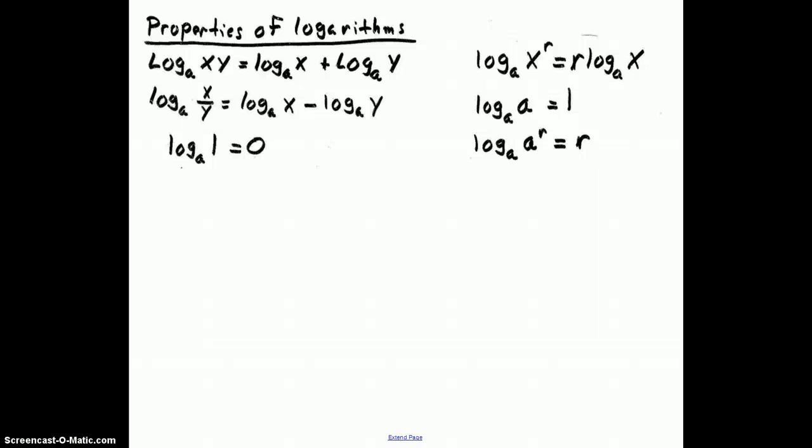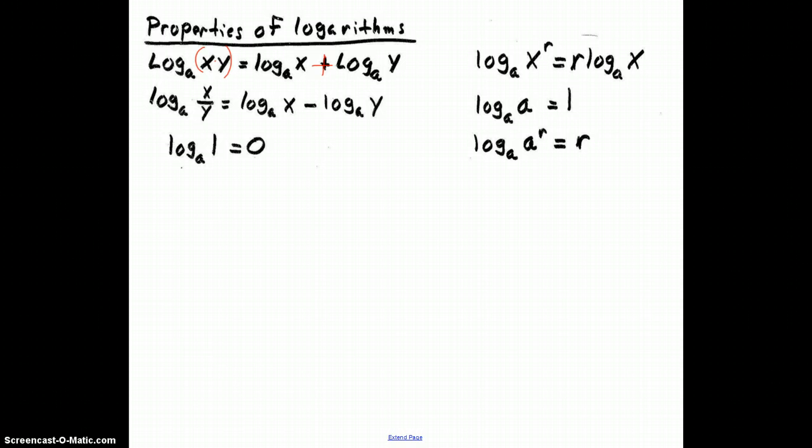Logarithms have some properties. All of these should be a review for you, but if they are not, then you've got to look them over, because these are things that you need to know for this class. When you are taking the logarithm of a product, x times y, you can separate that into individual logarithms with an addition sign.